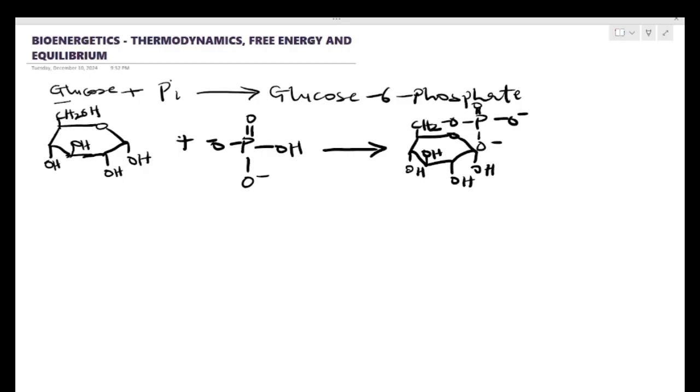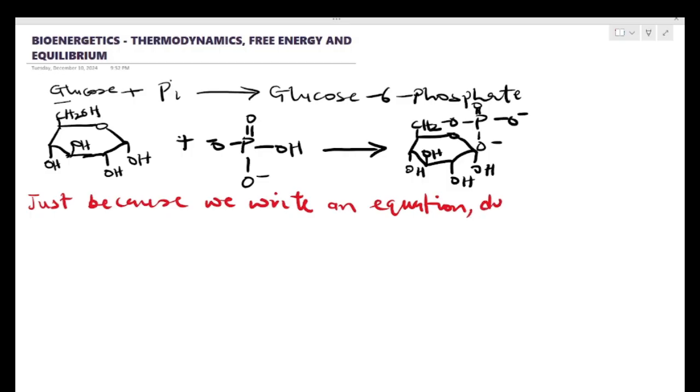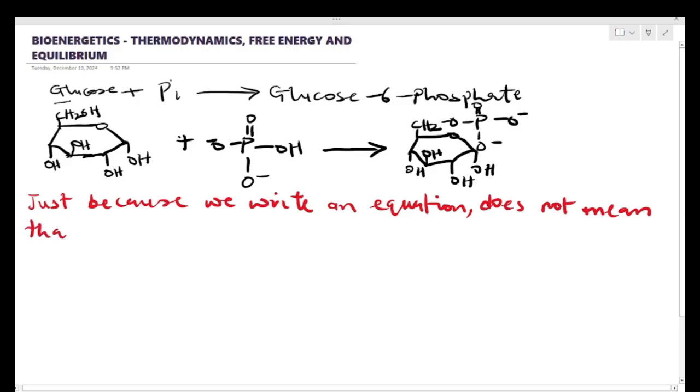That is in fact very important to note. Just because we write an equation like the way we have done now does not mean that it happens.